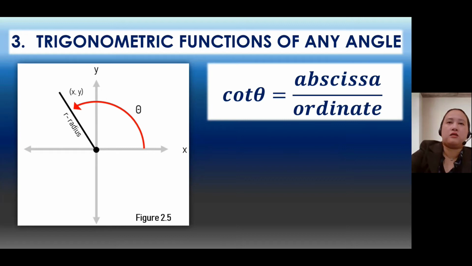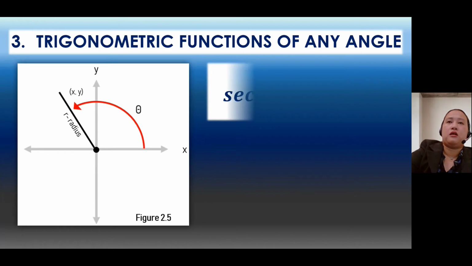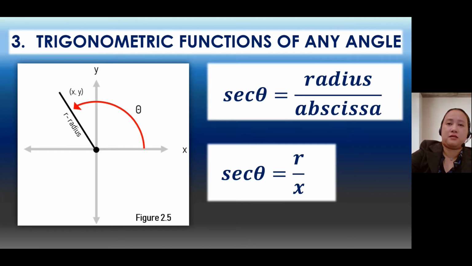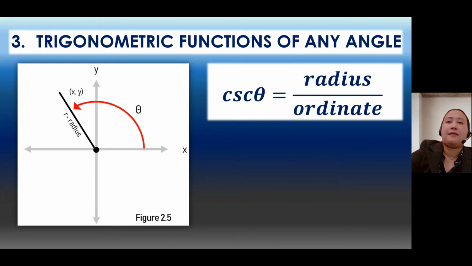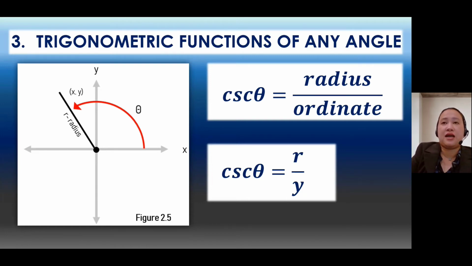For the reciprocals, cotangent theta is abscissa over ordinate, or x over y, since tangent is y over x. Secant theta is radius over abscissa, or r over x, since cosine is x over r. And cosecant is radius over ordinate, since sine is ordinate over the radius, or y over r, therefore cosecant theta is r over y.